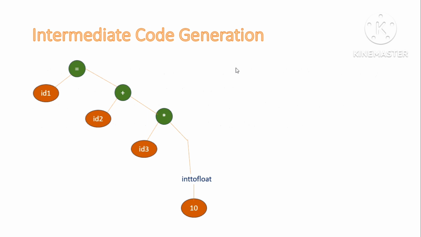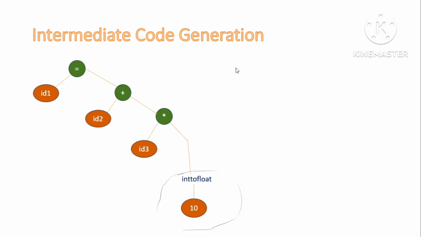Now we will take this semantic tree and try to convert it into intermediate code. We have to evaluate the tree from bottom to top. When you talk about the bottom, first, integer to float has to be performed on 10. 10 is an integer, so that has to be converted to float.